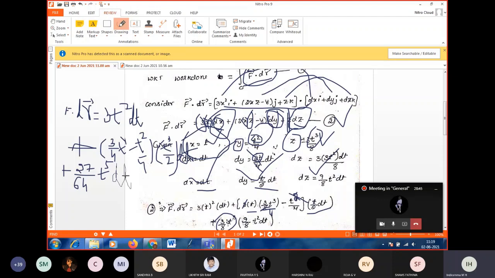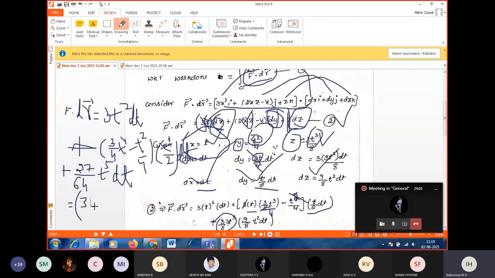So now you multiply here, take dt common in the RHS. So we obtain, after taking dt common, the first term is 3t square.